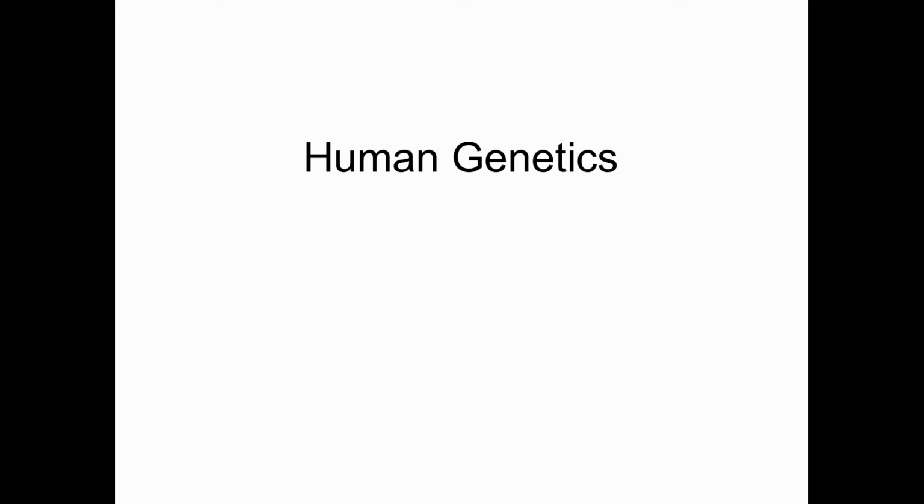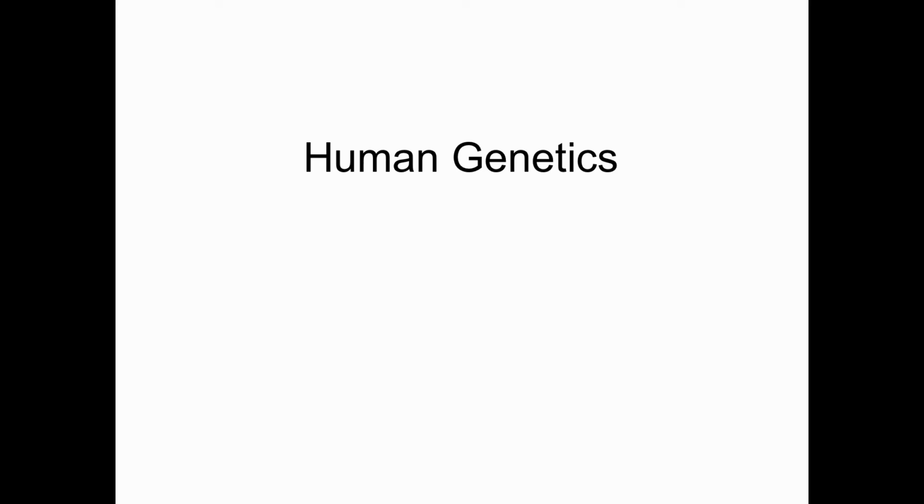So when we start to think about human genetics, what we're really trying to understand is how things are passed down from generation to generation, as you all know. We're going to focus on a few genetic disorders because that's one of the ways that we have gained some understanding about human genetics.